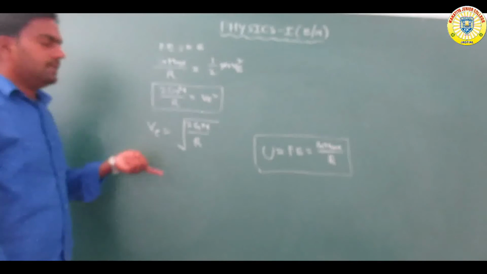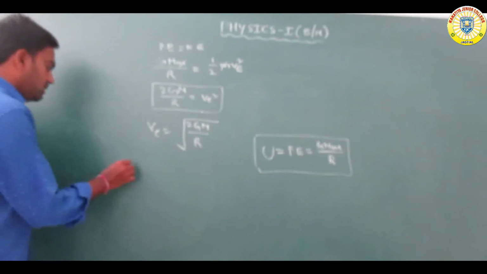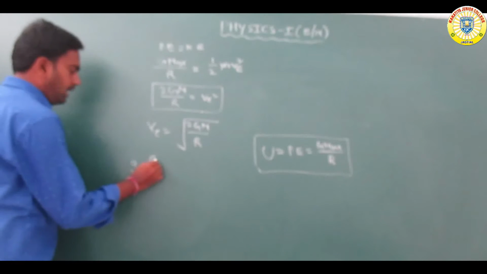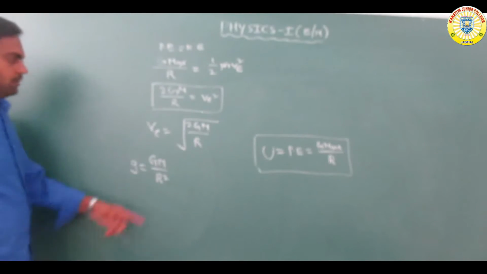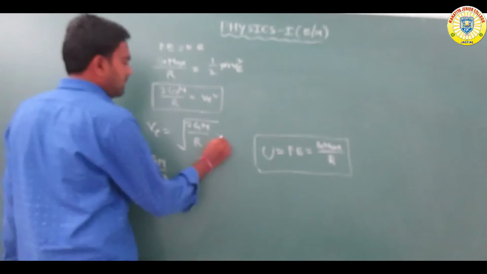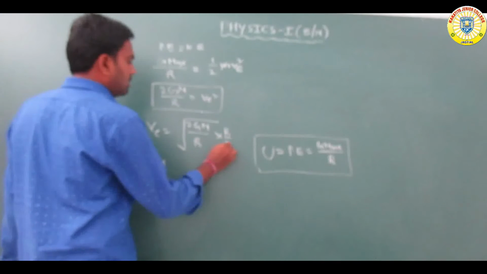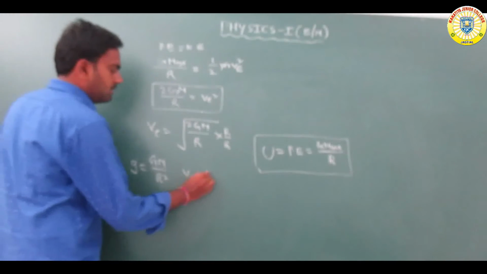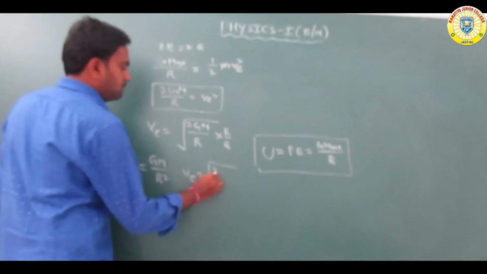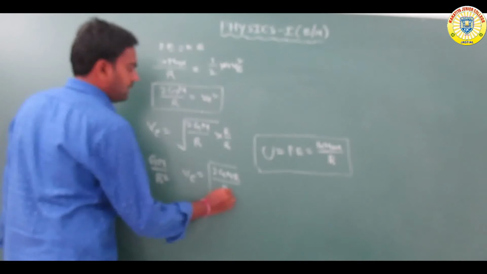We can write it in another way using small g. Small g is equal to GM by R square. Now multiply by R by R, so v is equal to the square root of 2GM R by R square.